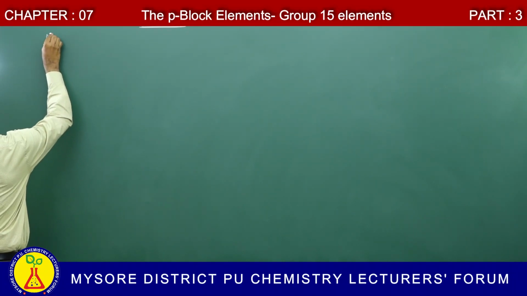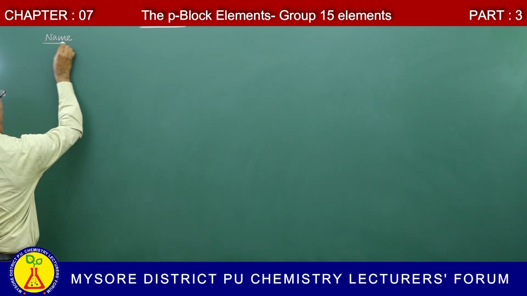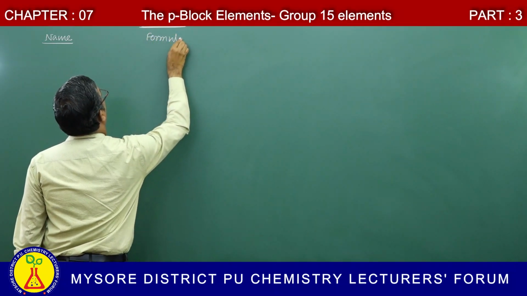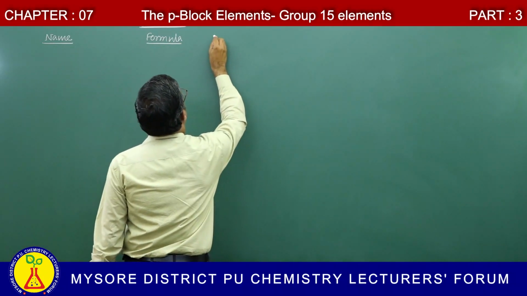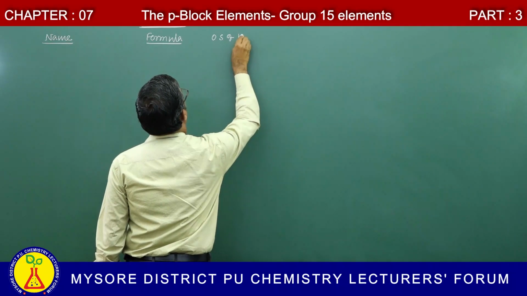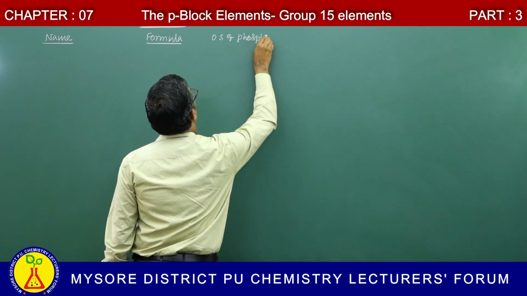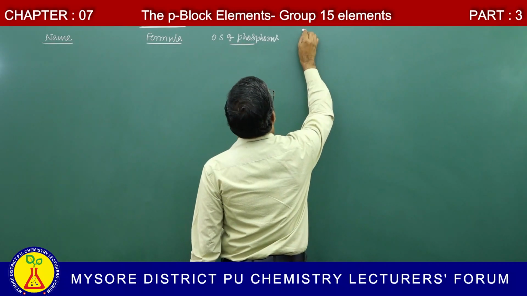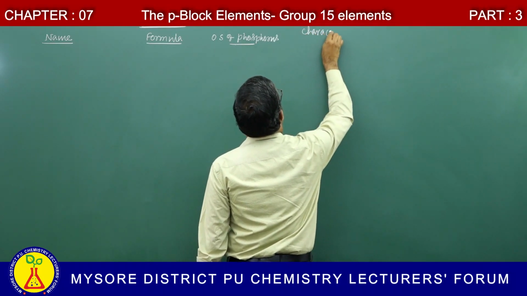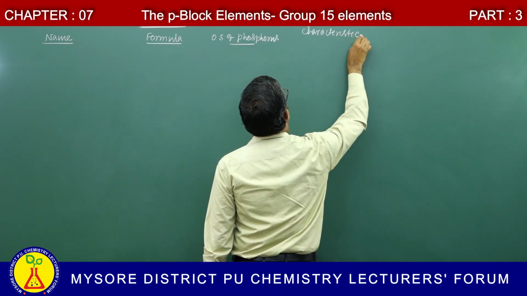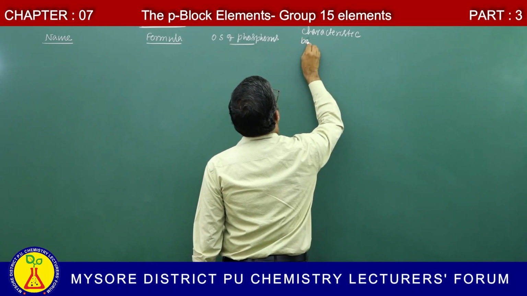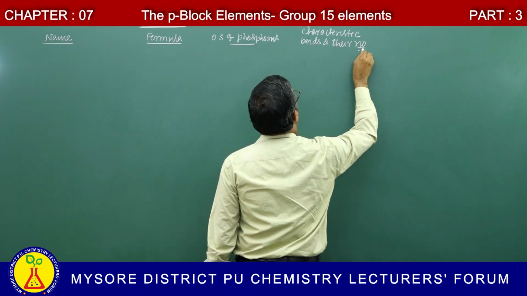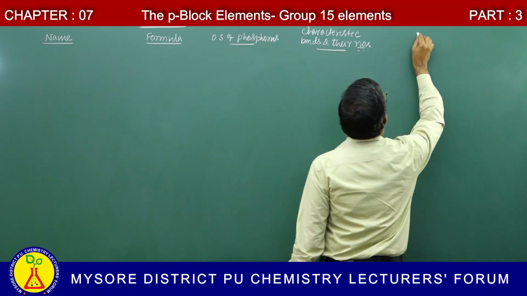Look here, first one, name of the oxoacid, then formula, then oxidation state of phosphorus, then characteristic bonds and their numbers, then preparation.